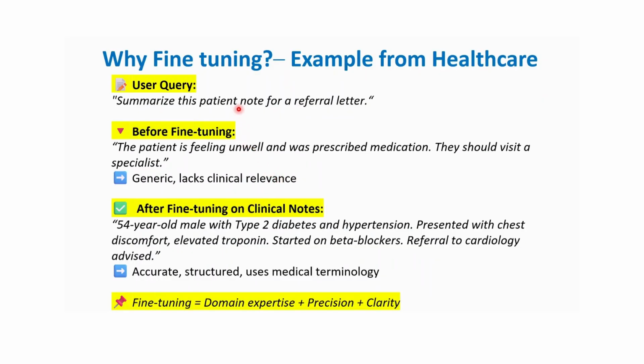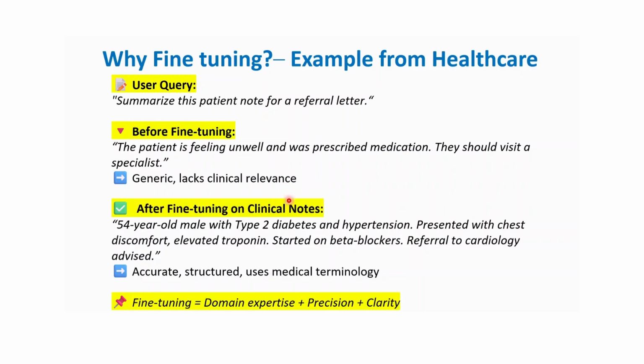We will understand through an example. Let's say we are giving a query like this: summarize this patient note for a referral letter. A referral letter is usually given by a medical practitioner to another medical practitioner. Before fine tuning, the large language model gives a very generic answer, without any technical jargon. You can observe that there are no technical terms, because the large language model is not aware of those technical terms.